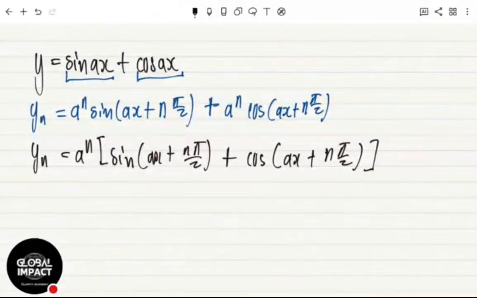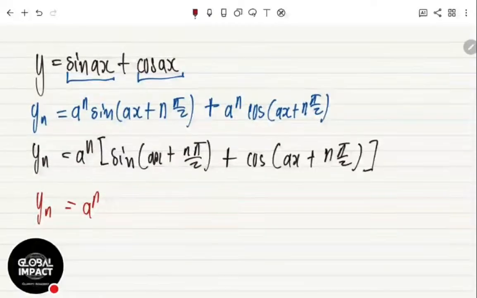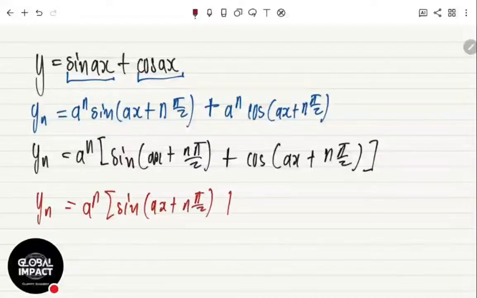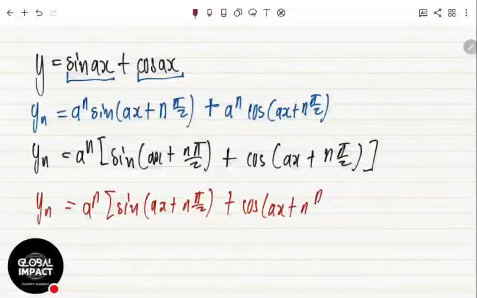If I want it in terms of sine only or tan only, I'm going to square it. So y to the n is going to be a to the n, then I'll square this whole thing: sine of ax plus n pi over 2 plus cos of ax plus n pi over 2.